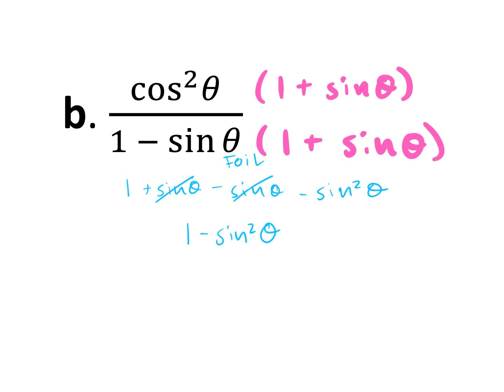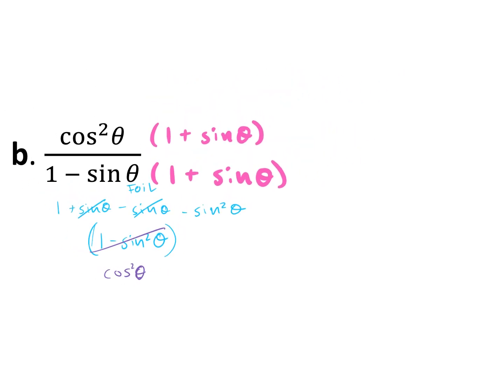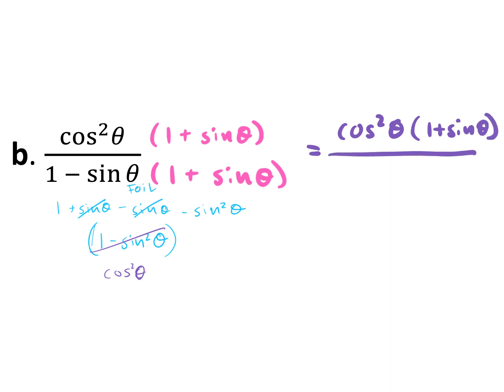Now going back to my Pythagorean identities, can I change 1 minus sine squared to anything? I can change this to be cosine squared. So get rid of it, make it cosine squared. Now on the top, I have cosine squared theta times 1 plus sine theta, over cosine squared.